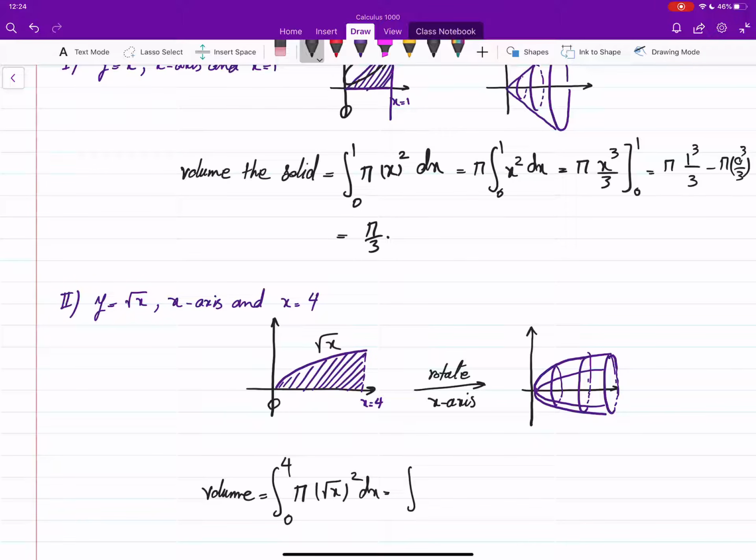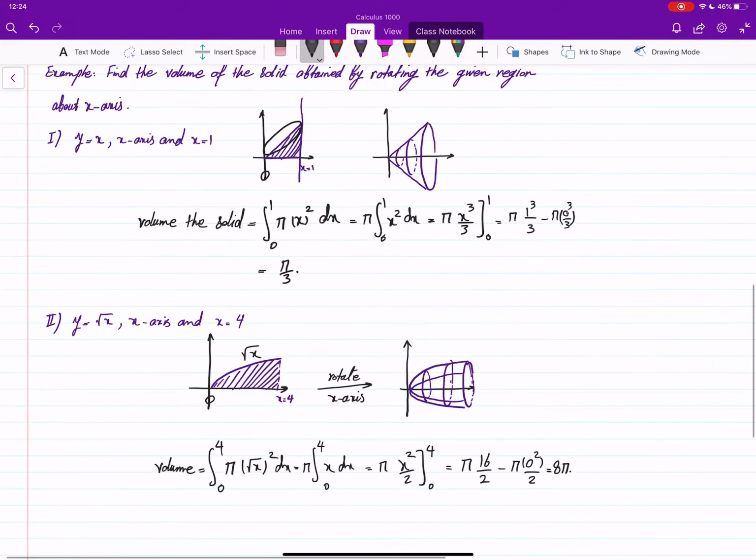This is pi times the integral of x dx from 0 to 4, and this is pi x squared over 2 going from 0 to 4, which will give us pi times 16 over 2 minus pi times 0 squared over 2, which all together would give us 8 pi.